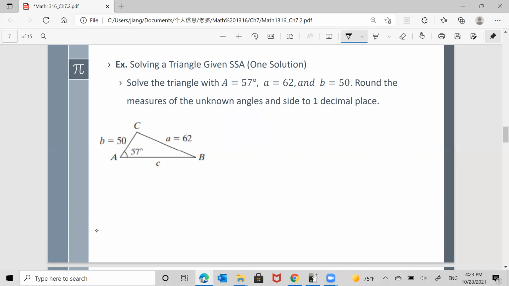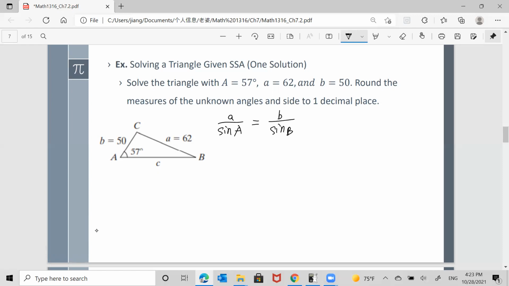So we can use the sine formula. So we have a over sine A equals b over sine B. I can continue to write c over sine C, but there's no necessity in this step because a and sine A are given.